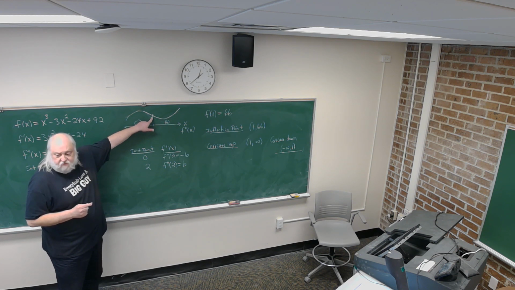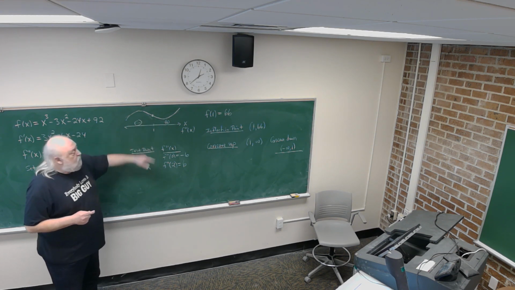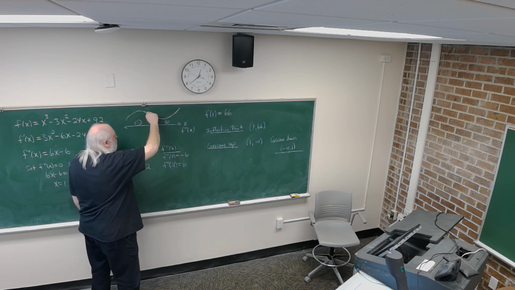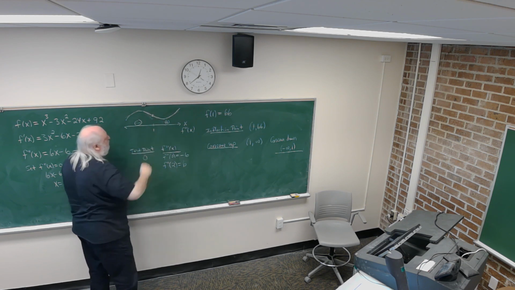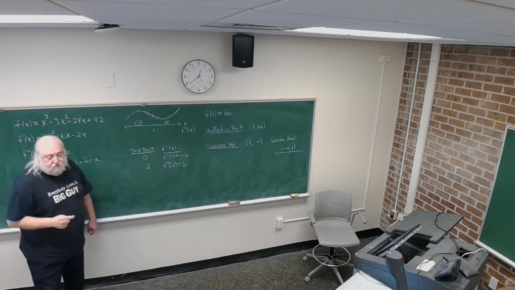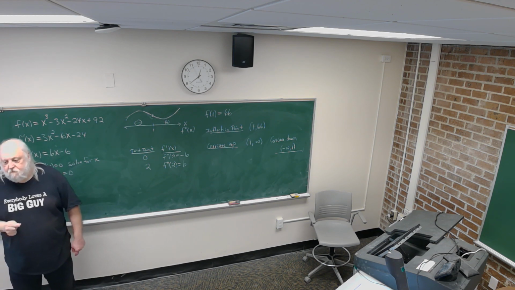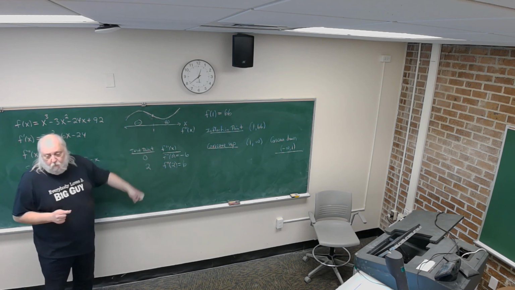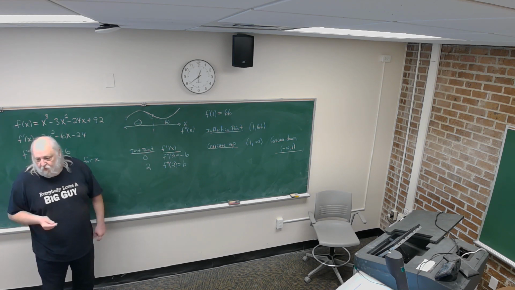There's a point of tangency. But to the left of this, the tangent line is above the curve, and to the right of that point, the tangent line is below the curve. So it only touches the curve at that one point, or goes through the curve at that one point.